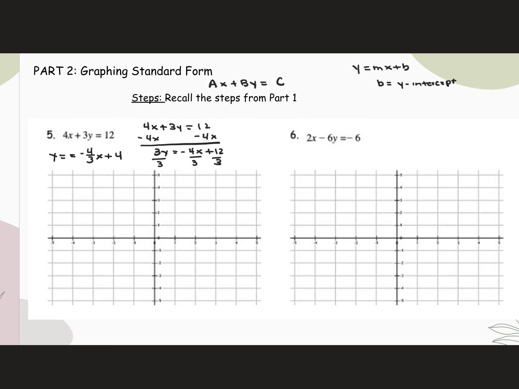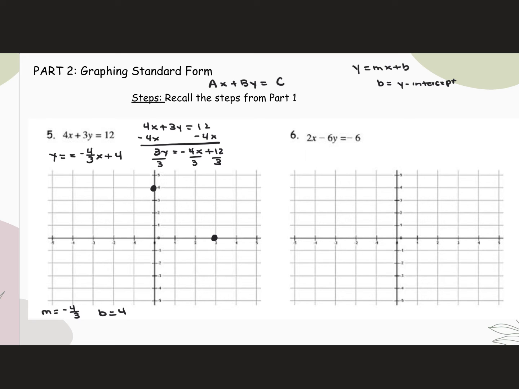So here I've identified that my m, which is my slope, is negative 4 over 3, and my b is 4. Starting with my y-intercept, I'm going to plot a point at 4. Then since I can't go up anymore, I'm going to go down 4, because remember my slope is rise over run. And since it's decreasing, I'm going to go to the right 3.